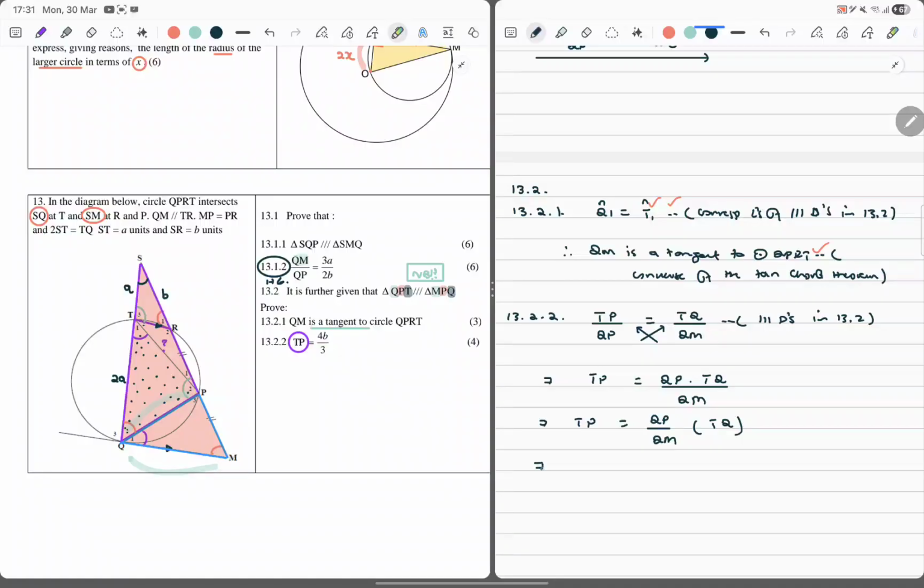Yes, so this implies that TP is equal to, we just invert that, it's going to be 2B over 3A. TQ is 2A. Nice and easy. So this A takes that A, and we end up with TP equals 2 times 2 is going to be 4B divided by 3.